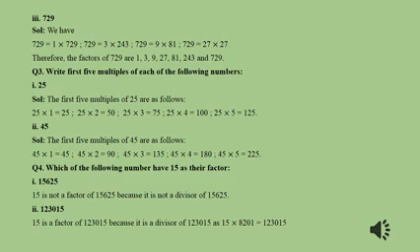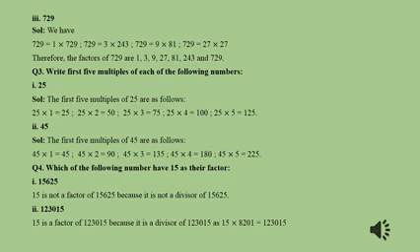So our first part is 15625. If we divide 15625 by 15, the remainder does not come out to be 0. So 15 is not a factor of 15625 because 15 is not a divisor of 15625.